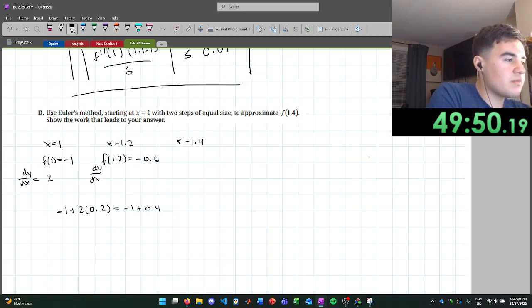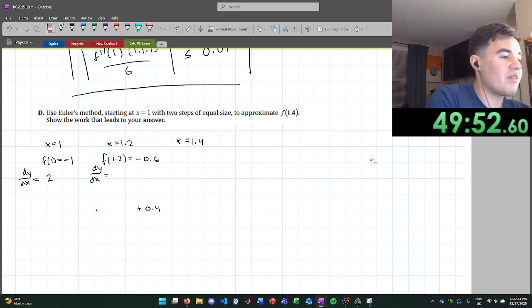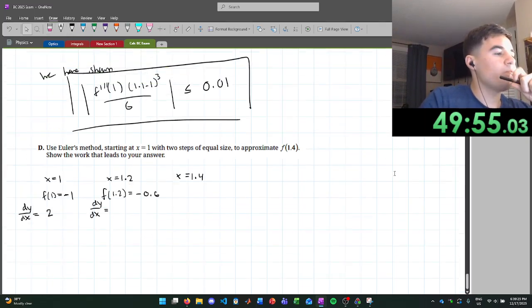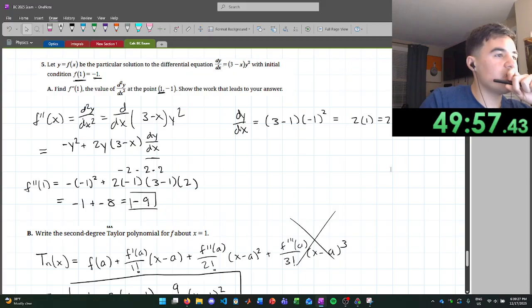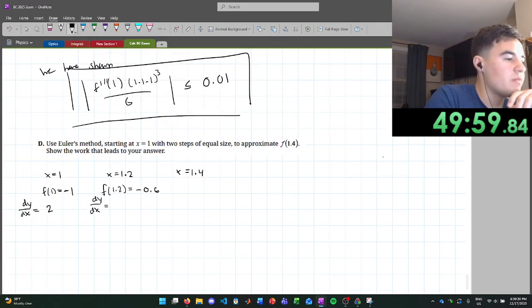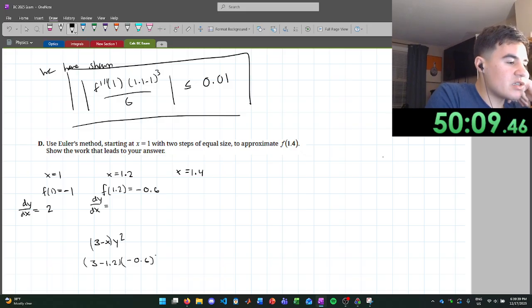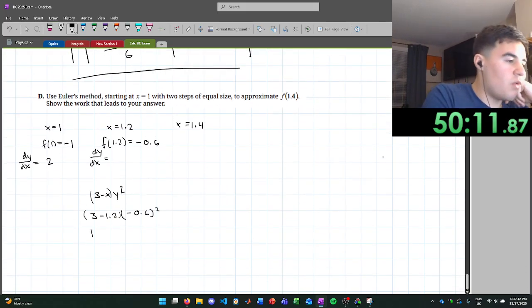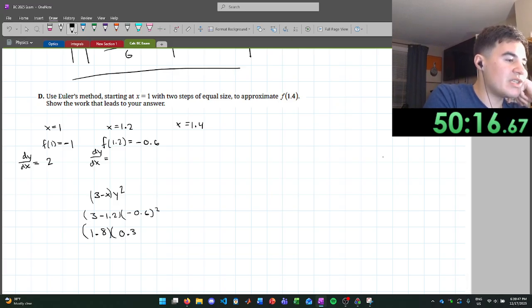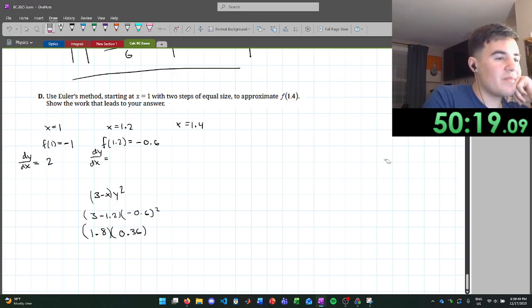Now dy/dx, which is going to be annoying to calculate. dy/dx was 3 minus x times y squared. Plugging in our values, we get 3 minus 1.2 times -0.6 squared, the same thing as 1.8 times 0.36.